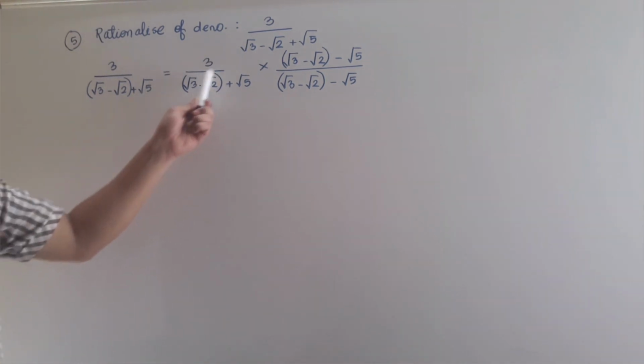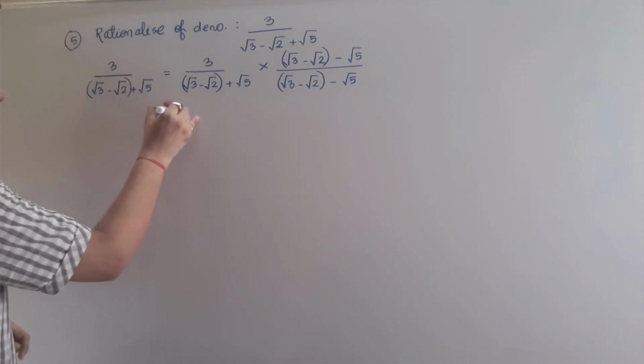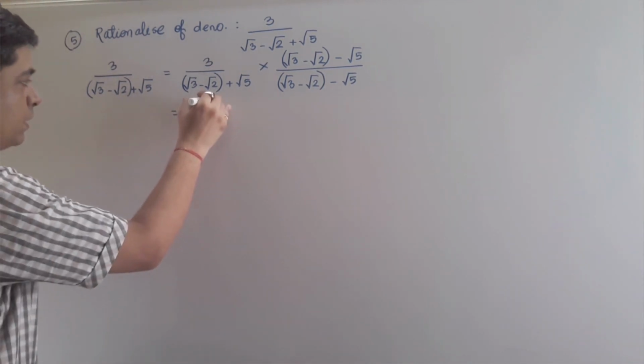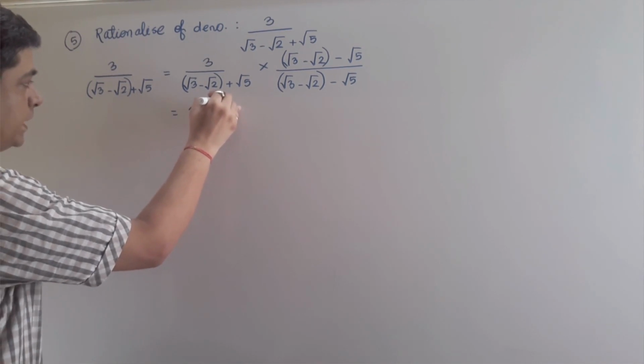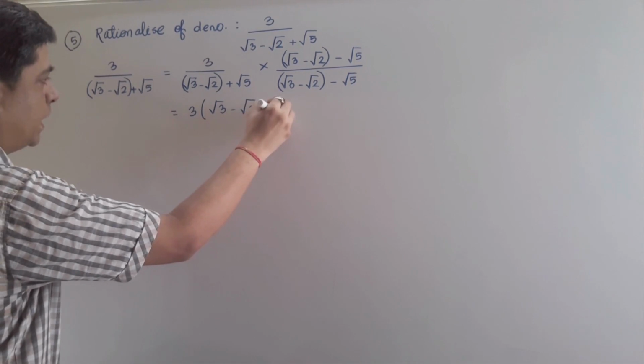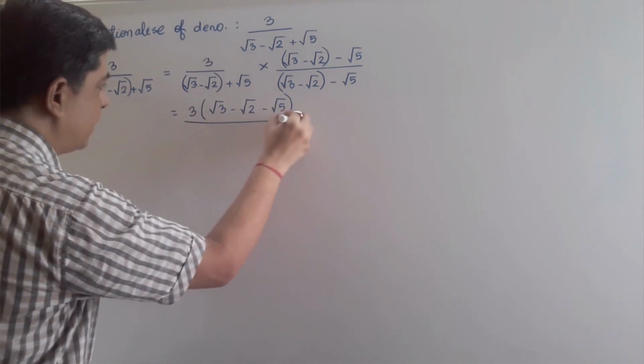Now 3 will multiply in the whole numerator, so for a while we can keep 3 as it is, since it may come common from the denominator. So we shall keep 3 outside and write this one as it is: root 3 minus root 2 minus under root of 5, whole divided by.